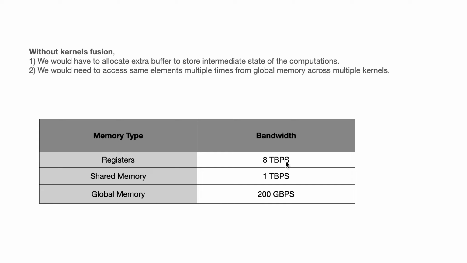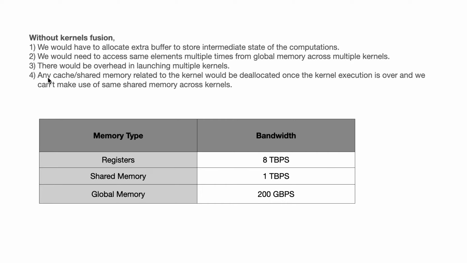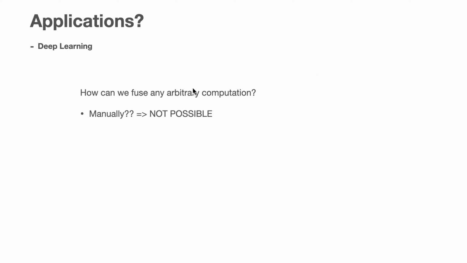So if we want to speed things up, we really need to reduce the accesses from the global memory. And then there would be some overhead in launching multiple kernels, which is happening in our unfused case. Also, any cache or shared memory related to the kernel would be deallocated once the kernel execution is over, and we can't make use of the shared memory across kernels.